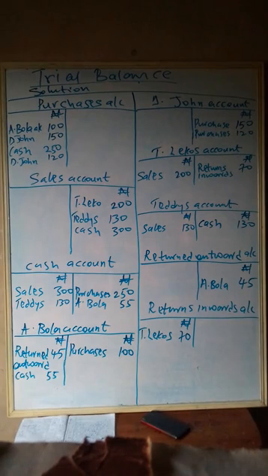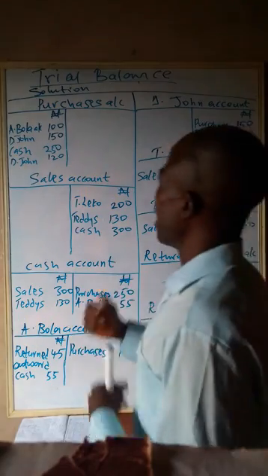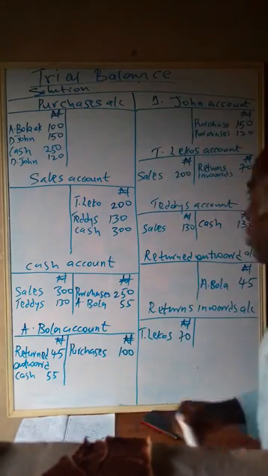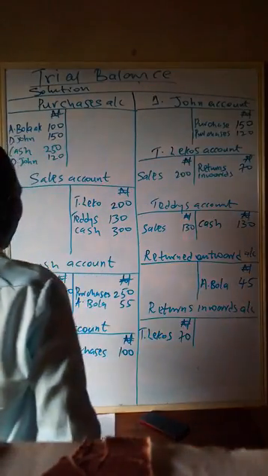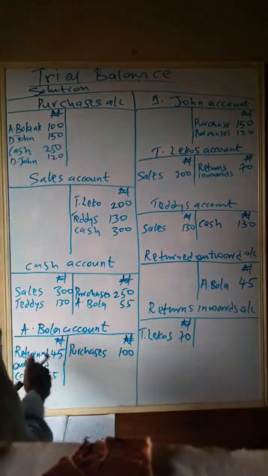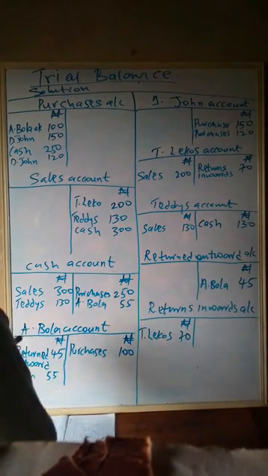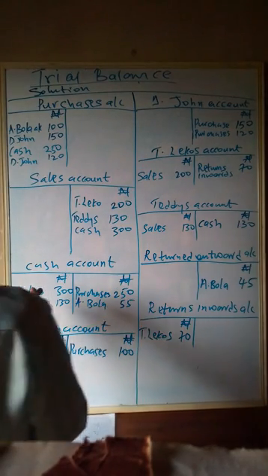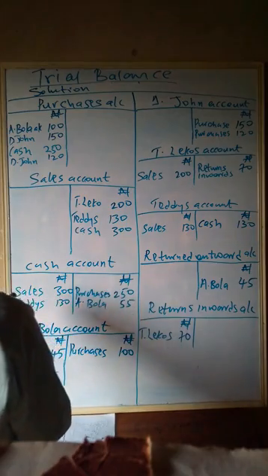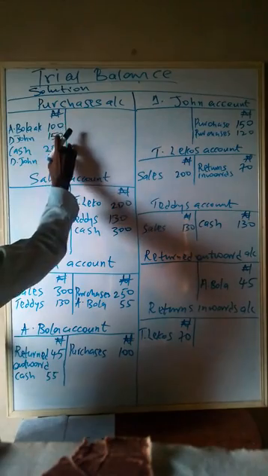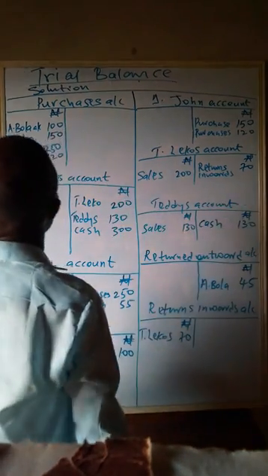It's now remaining to balance the accounts. As I'm balancing, I will mark those that will go to trial balance. Let me start from purchases account. 100, 150, that's 500, so I will take the balance.